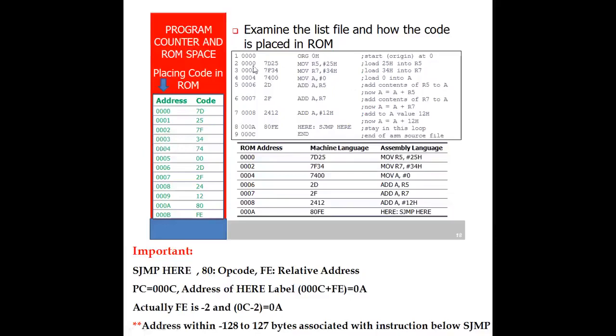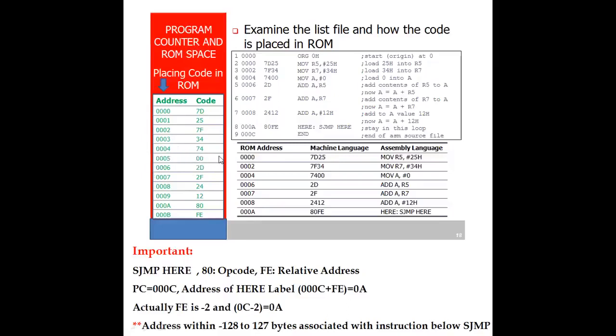Okay, so the next instruction will be executed like that: MOV A, #0. This machine code will be generated directly by the cross assembler. So we are finding the data 74, which is the opcode of this instruction. In location 0004 we are finding the opcode 74, and in location 0005 we are finding the operand, that is 00.